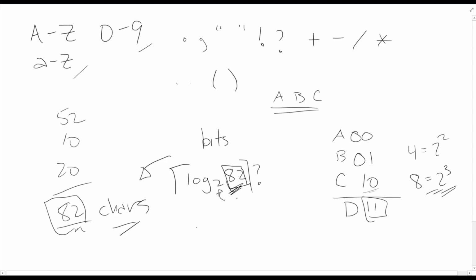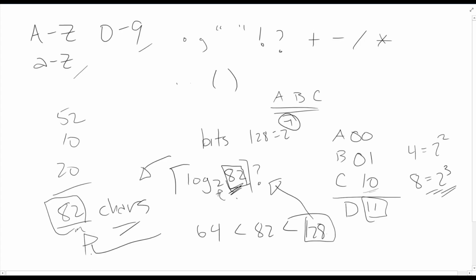Well, 82 is squarely between 64 and 128. So it looks like 128 is the next power up. Or another way of saying that, 128 is 2 to the 7. So it looks like I need 7 bits to encode my 82 characters.